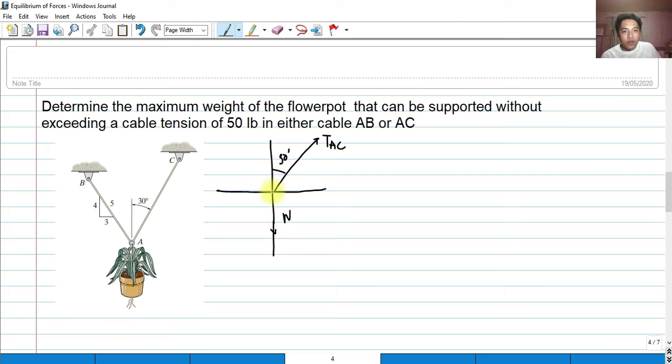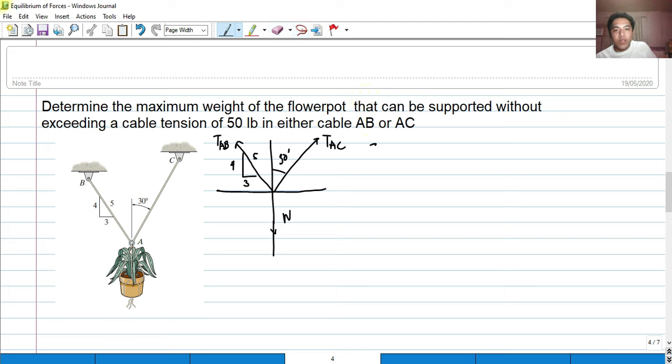And then we have another tension, T sub AB. I'm so sorry. It has given sides of triangle 4, 3, 5.